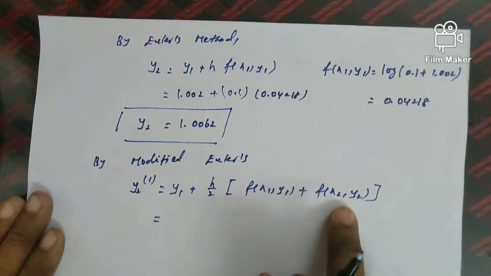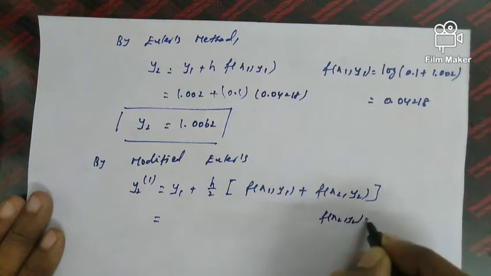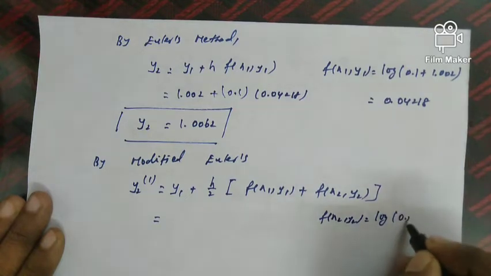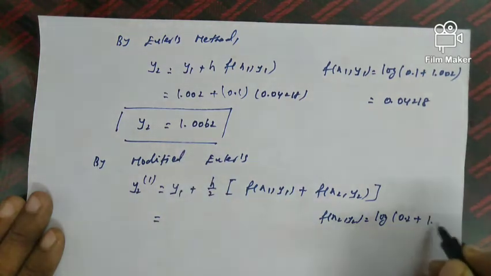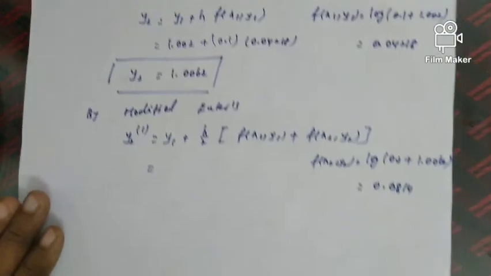So f of x2, y2 equals log of x2, which is 0.2, plus the y2 value, 1.0062. Applying this, the f of x2, y2 answer is 0.0814. Now we have all the values.